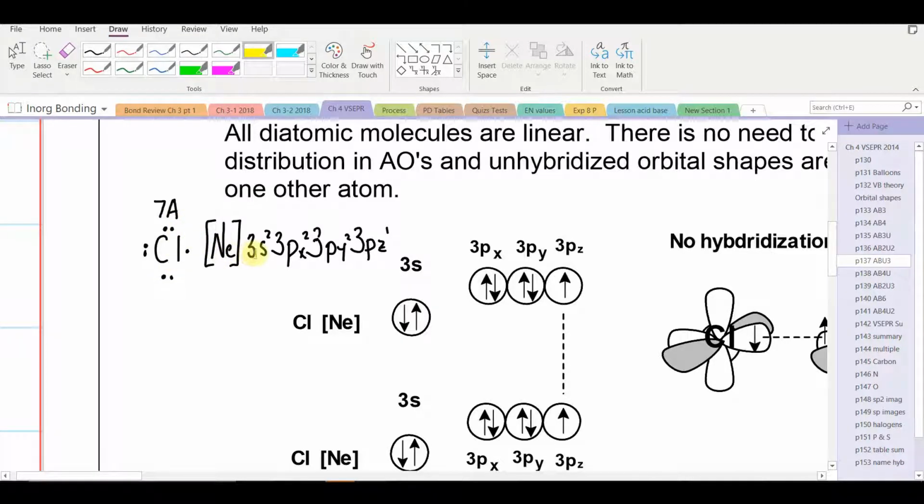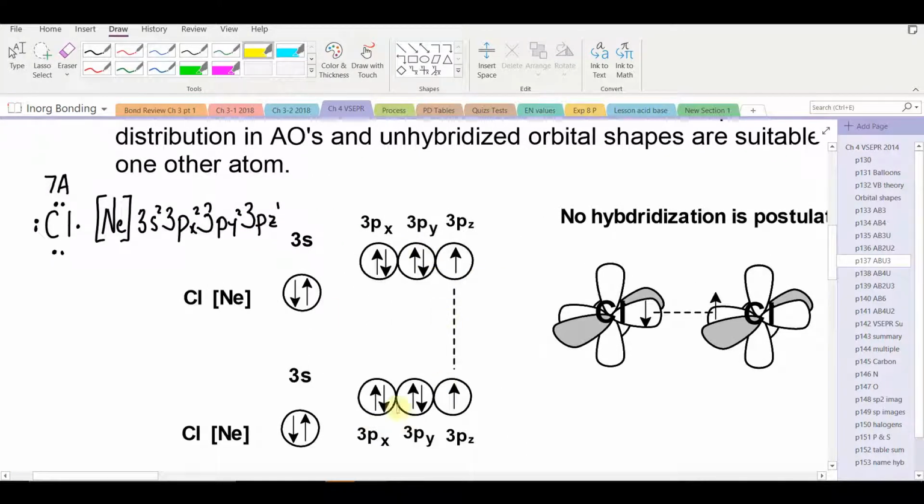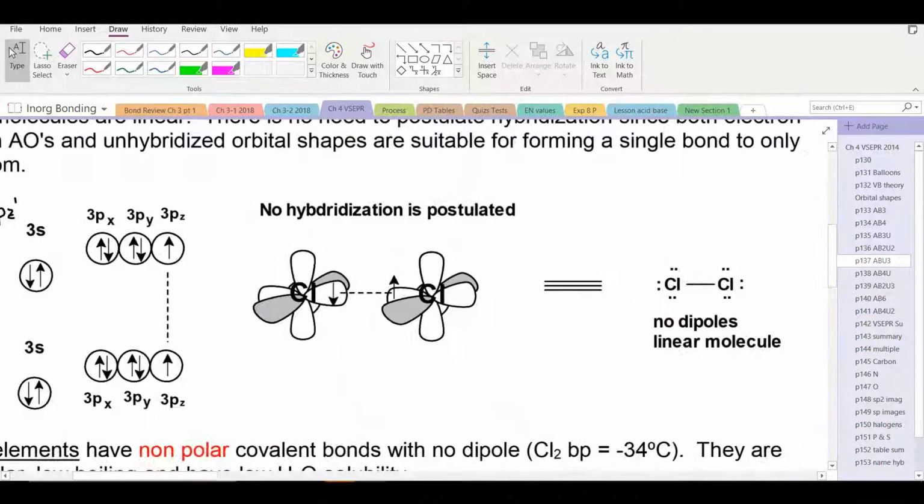Electron configuration is 3s2, 3px2, 3py2, 3pz1. So here are 2 chlorine atoms about to form bonds with those electron configurations. You notice that they have a half-filled orbital that's available to overlap. Furthermore, the shape of these pz orbitals is such that they can overlap to form a linear molecule, and in fact chlorine is a linear molecule.